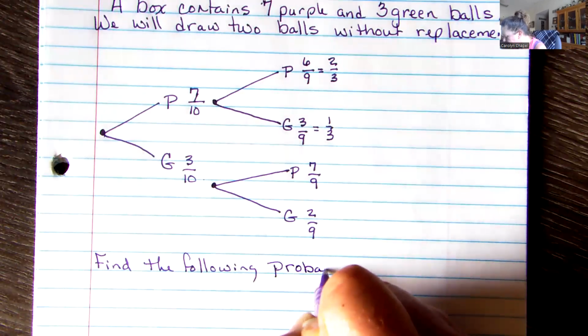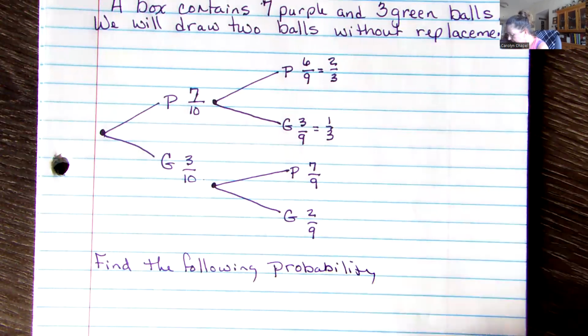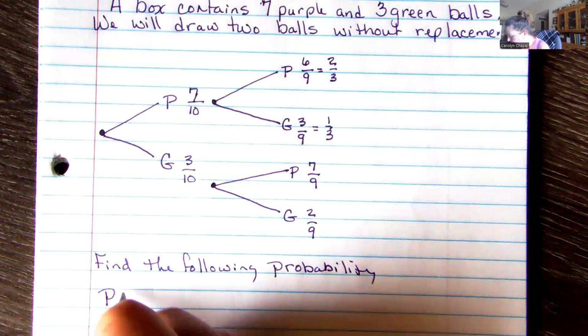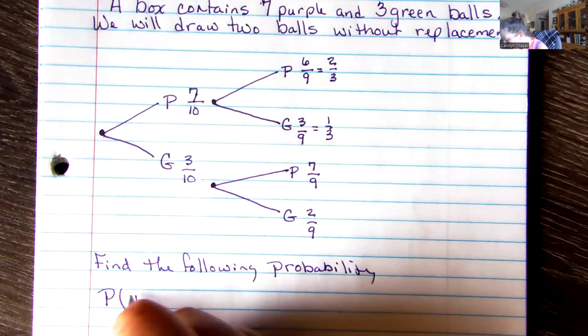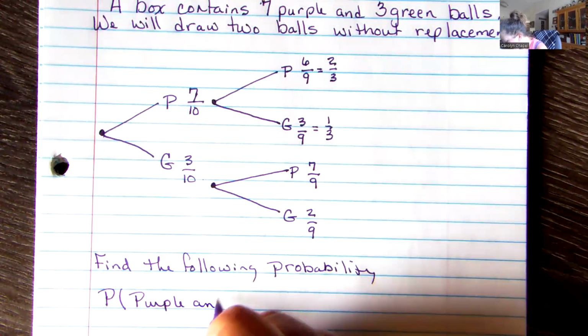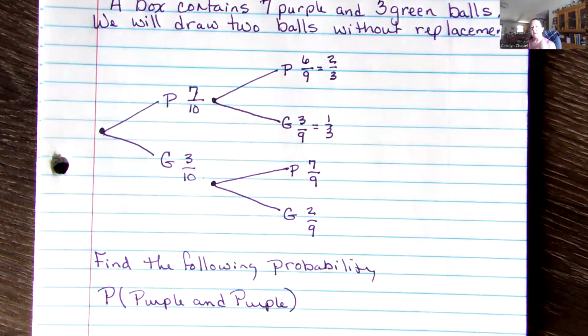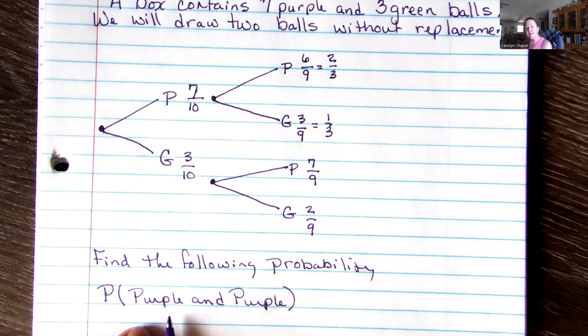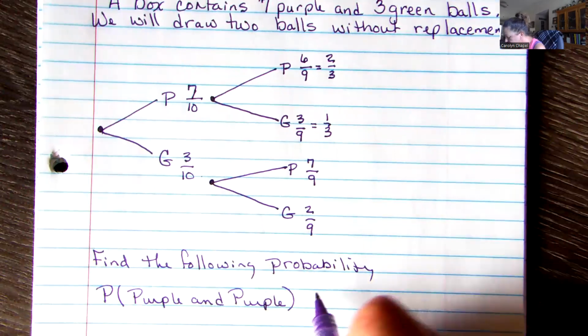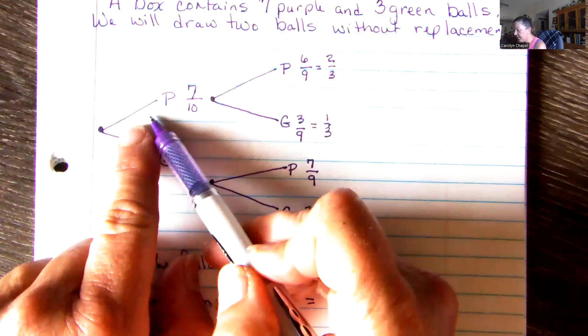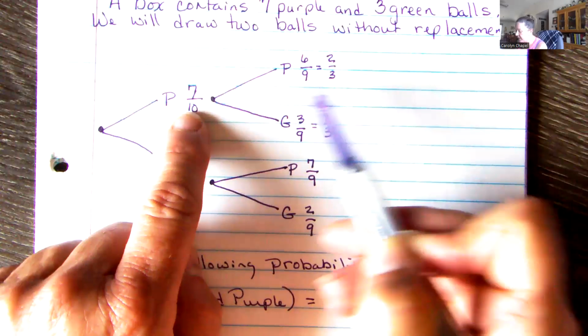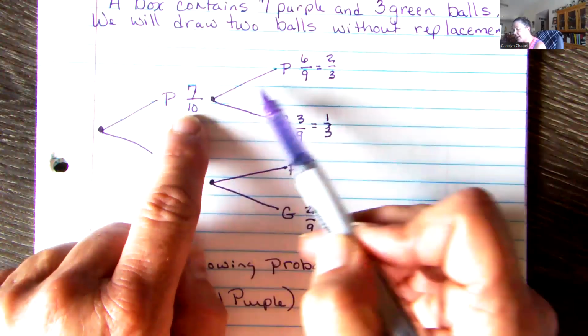So we are going to find the probability of getting a purple and a purple ball. So getting a purple on the first and a purple on the second. Sorry for my notation. But yeah, purple and then another purple. And that's basically going along this branch. So we kind of see that purple and purple.